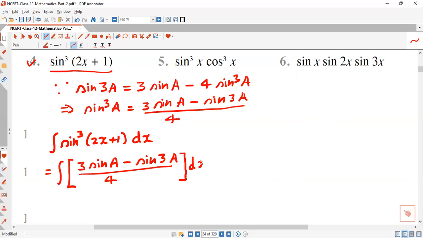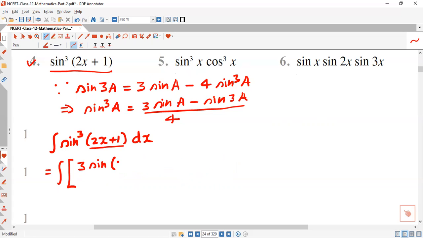dx. Simplify this one. We are getting two integrations. I will write it down again. Three sine a, where the value of a here is 2x plus 1.